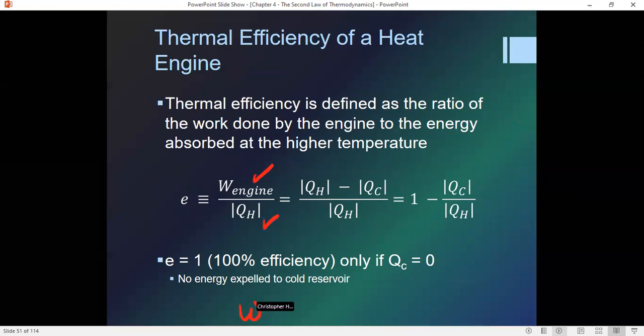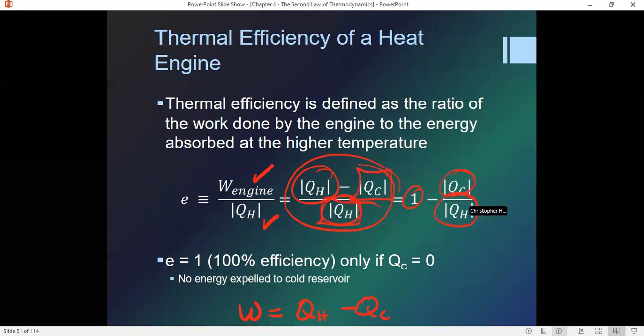Since work is QH minus what we lose in QC, we can also write it this way. And if we take the first term and divide it by QH, we get 1. The second term divided by QH, we get QC over QH.